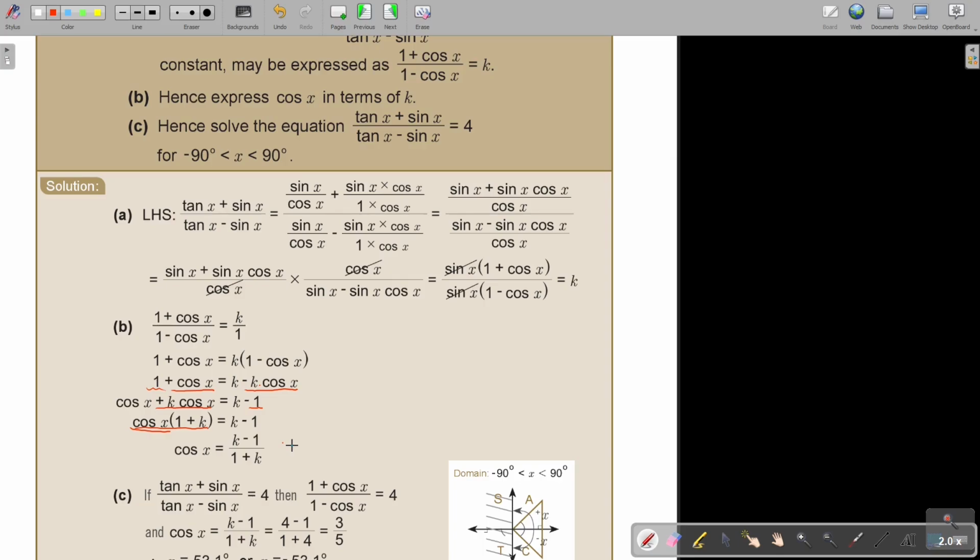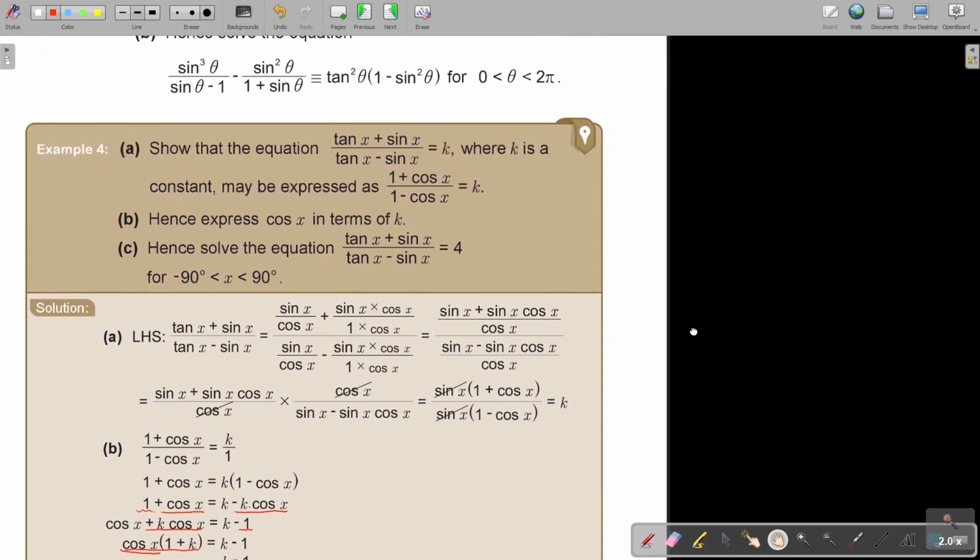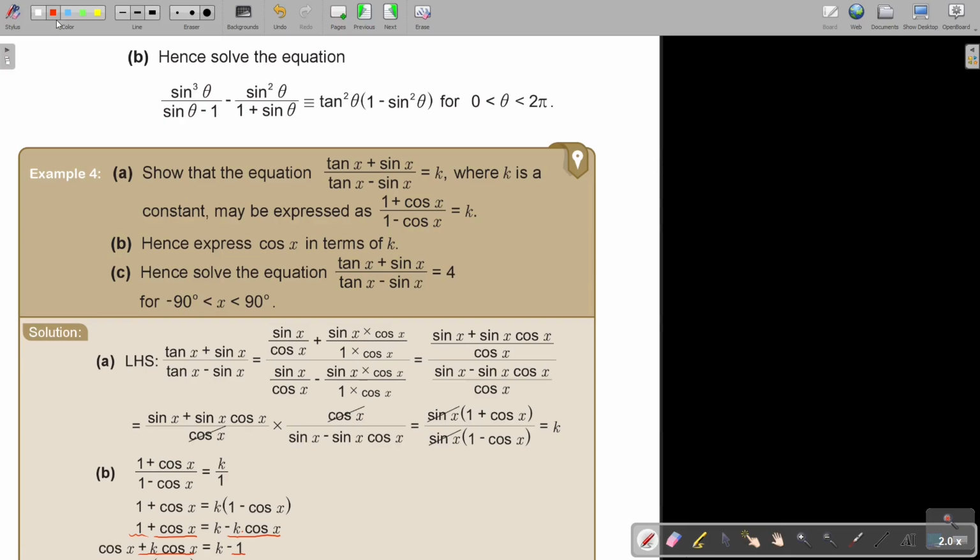And then, hence solve the equation equals 4. Basically, if this is equal to 4, then this will be equal to 4. If I go back, do you see? This was equal to k and this was equal to k.